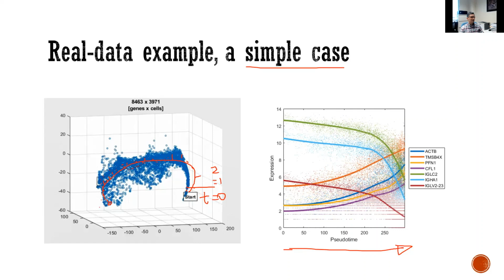If you look at this green curve, the green curve is a regression through the middle of these green cells.